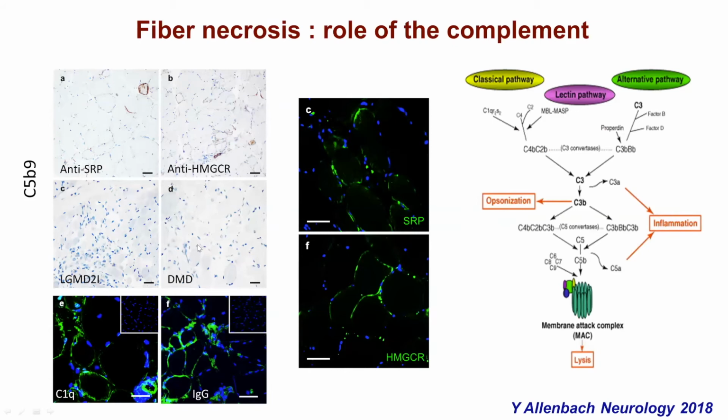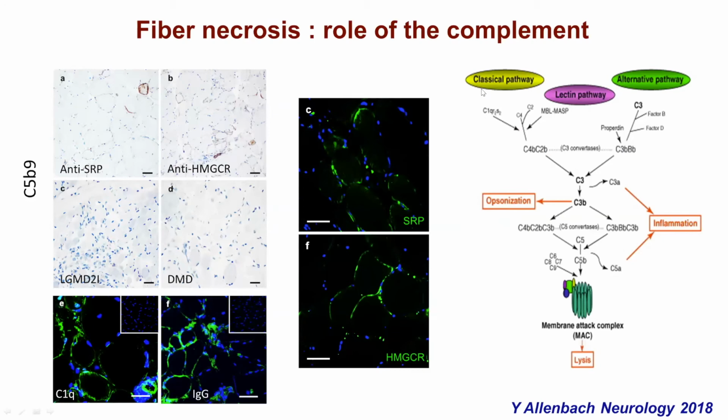And as you know, the complement can be activated by the classical pathway or by the alternative pathway. So to see which pathway is activated here, he did some staining with antibodies against C1q, which is the hallmark, the clear marker of the classical pathway.